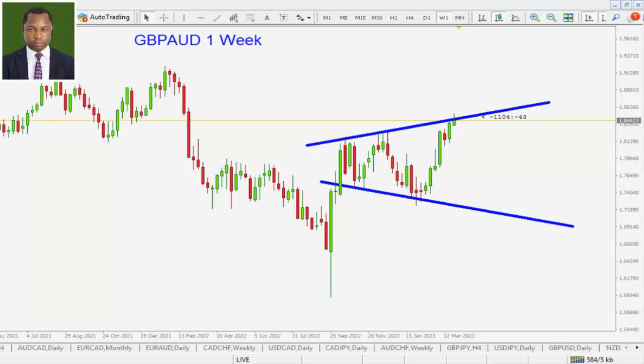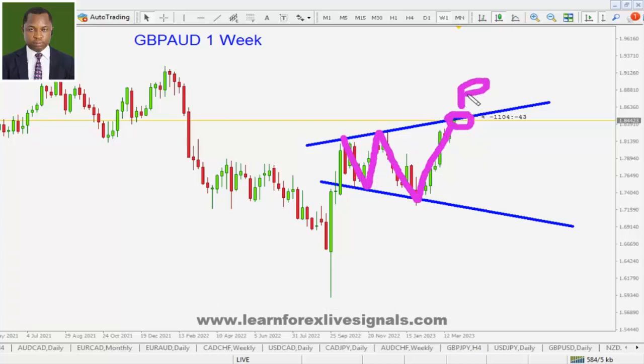You could be seeing this expanding triangle. So obviously this is likely going to be a problematic level, which should be acting as resistance. And so the advice here is to avoid hitting on your buy button. At best, you want to wait for price to break to the upside, then you can begin to search for your long opportunities.